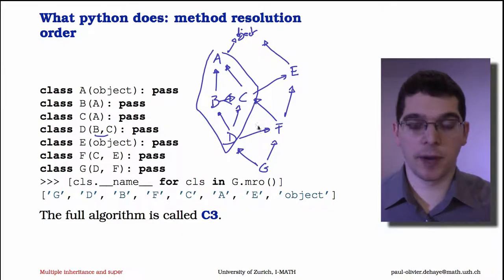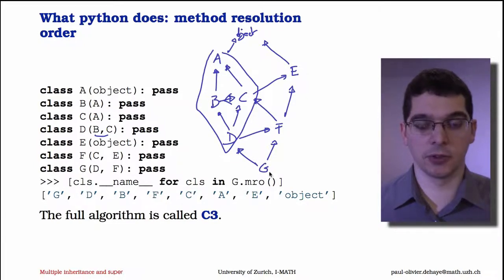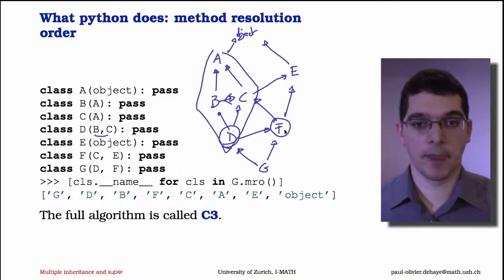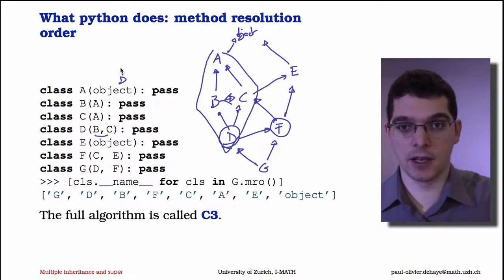So the way Python will do it is that it's a recursive definition for this method resolution order. If it has to define the method resolution order for G, it will look at the base classes, which are D and F, and look at the method resolution orders for D and F. So this will linearize in some way. For instance, D inherits from B, inherits from C, inherits from A, inherits from object.